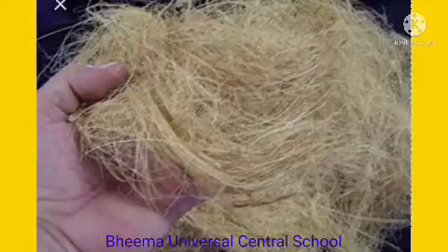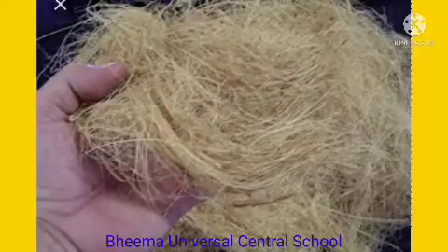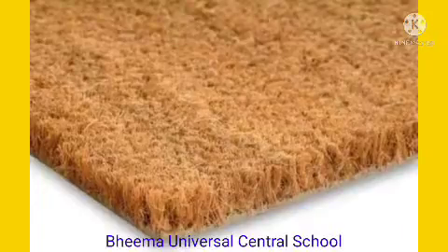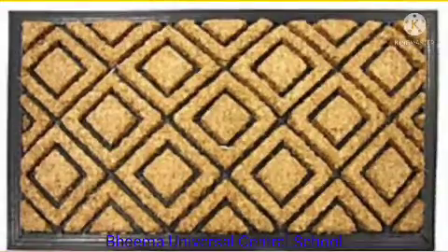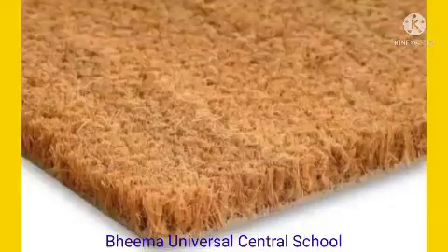The fibers are then spun, dyed, and made ready for weaving. Coir is used for making mats, rugs, floor tiles, ropes, and mattresses.